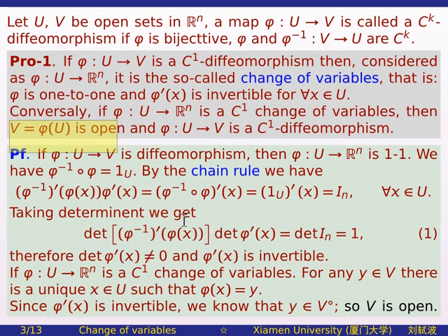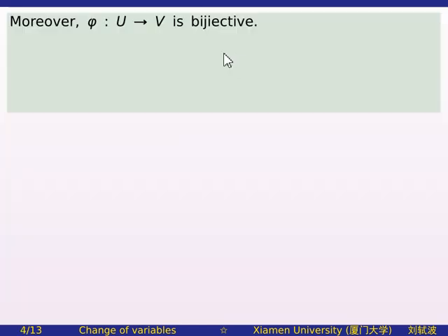And we need to prove that phi is a diffeomorphism. So phi from U to Rn is 1 to 1. Then phi from U to its image, that is V, is also onto. Therefore, as a map from U to V, phi is bijective. It is 1 to 1 and onto.